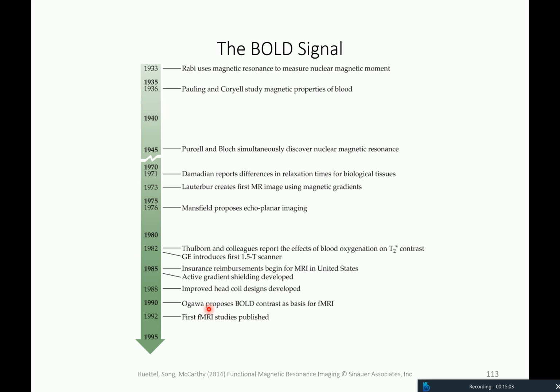So what this is, in a way, trying to make clear is that, as stated previously, BOLD fMRI and fMRI in general did not come out of thin air or clean air in the beginning of the 1990s, but there was a long research tradition that looked at different aspects of this, like always in research.